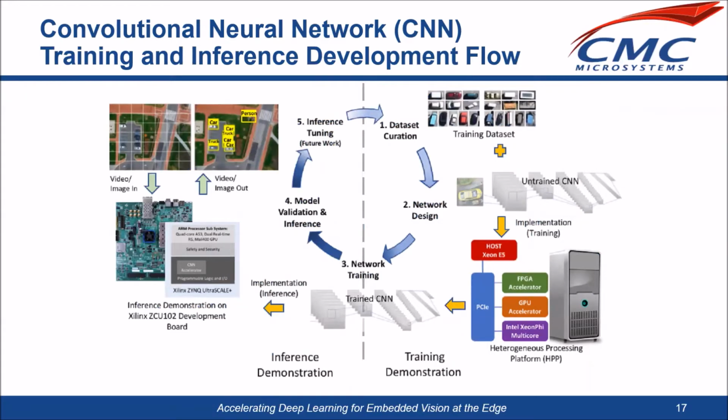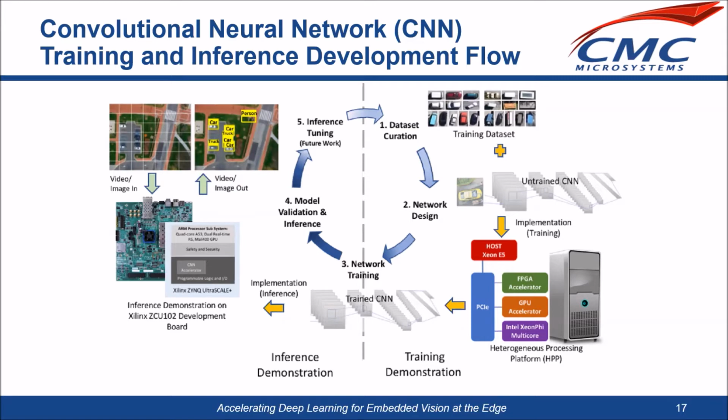The diagram here presents the development flow that we use for this project. The first step is dataset curation, where we select a training dataset that demonstrates the problem we're trying to solve, or the objects that we're trying to detect in this instance. The second phase is to select a network, a CNN architecture appropriate for the problem.